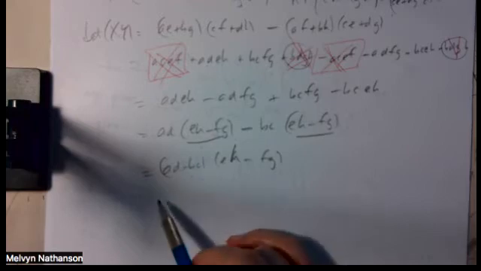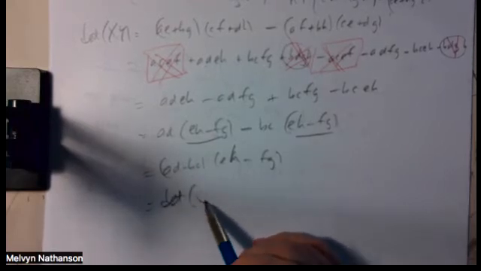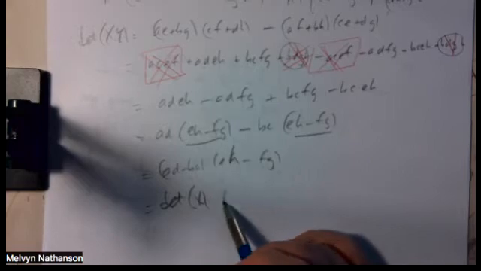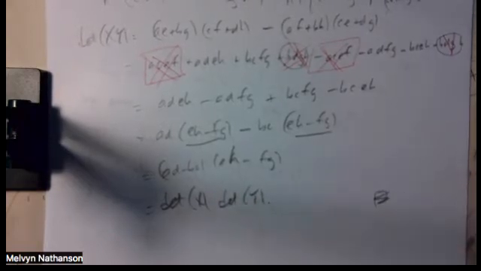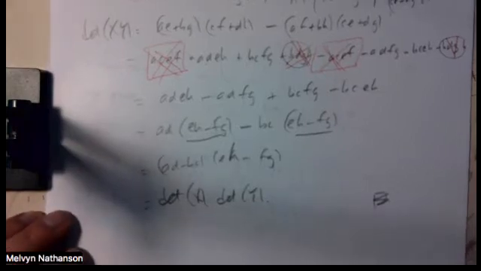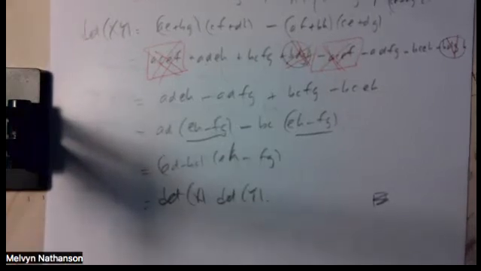And this is exactly the determinant of X, and this is exactly the determinant of Y. So that's one of my favorite calculations. It shows directly the multiplicativity of the determinant for 2x2 matrices. Questions about that?